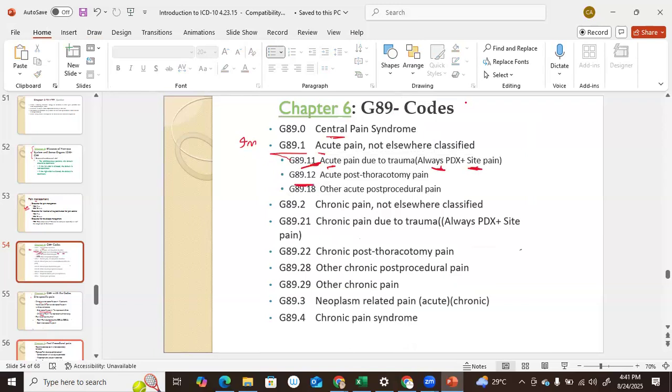Then we have acute post-thoracotomy pain. With acute post-thoracotomy pain, we should not use site-specific pain because the site is inclusive. Hence, we will not use the site-specific pain here. Then we have G89.18, acute post-procedural pain.